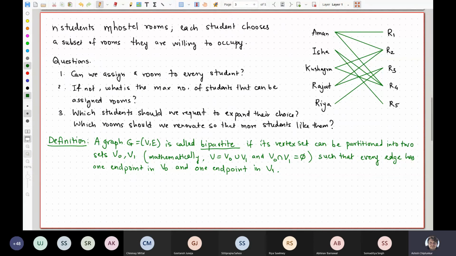Any question as far as this definition is concerned? Okay, so that seems clear. Now the question we are trying to ask is, let me write down this big question: what condition should a graph satisfy in order to be bipartite?